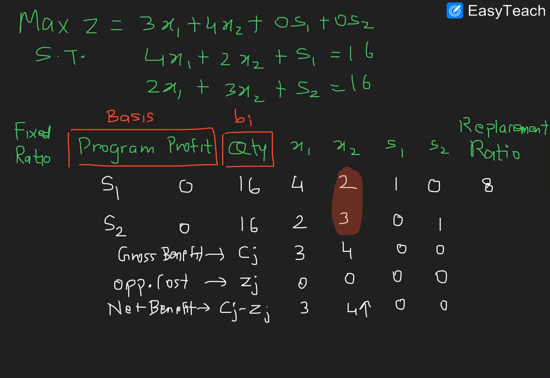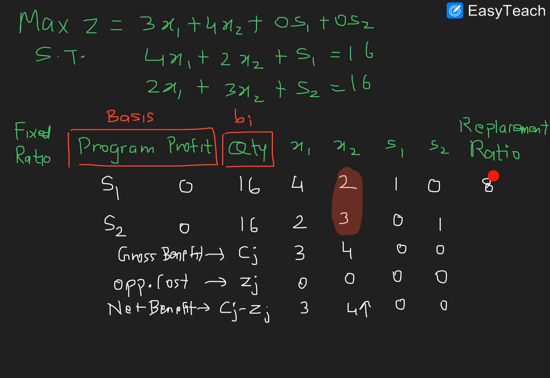So basically how did we get it? That's 16 divided by 2, and that gives you the replacement ratio. Understand it with logic, not by pure numbers or the steps, because if you understand it by steps, you'll tend to forget it. Understand that 4 was the deciding factor to produce X2. Now the question is, sir, how many units of X2 need to be produced?